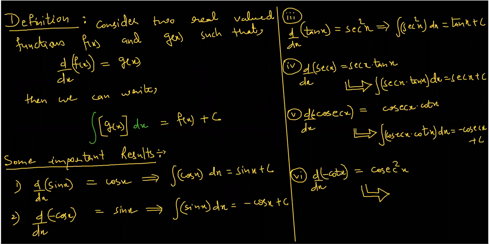Derivative of negative cot x with respect to x is cosec square x. So integration of cosec square x with respect to x is negative cot x plus c. Okay. These are 6 trigonometric functions whose integration I got.